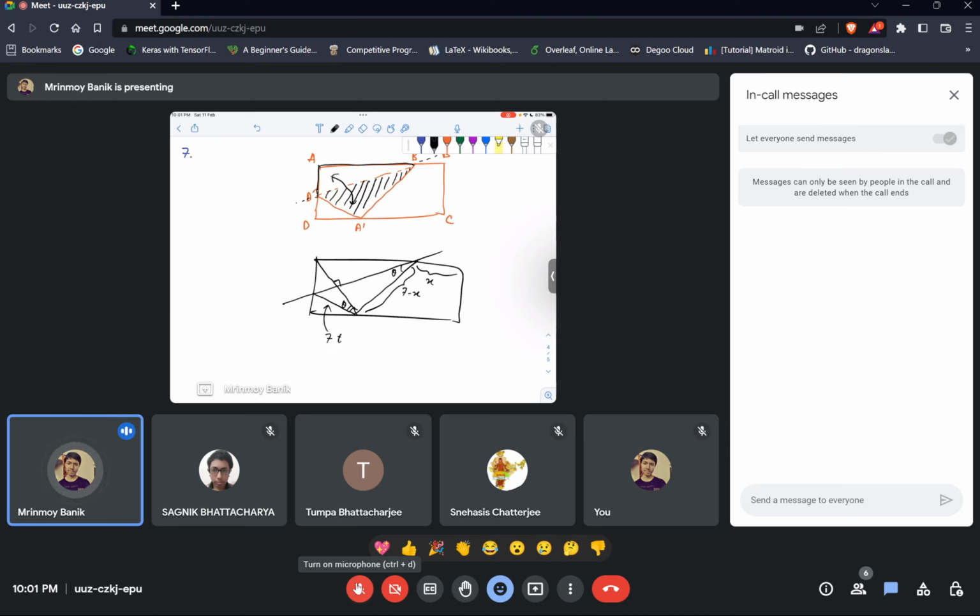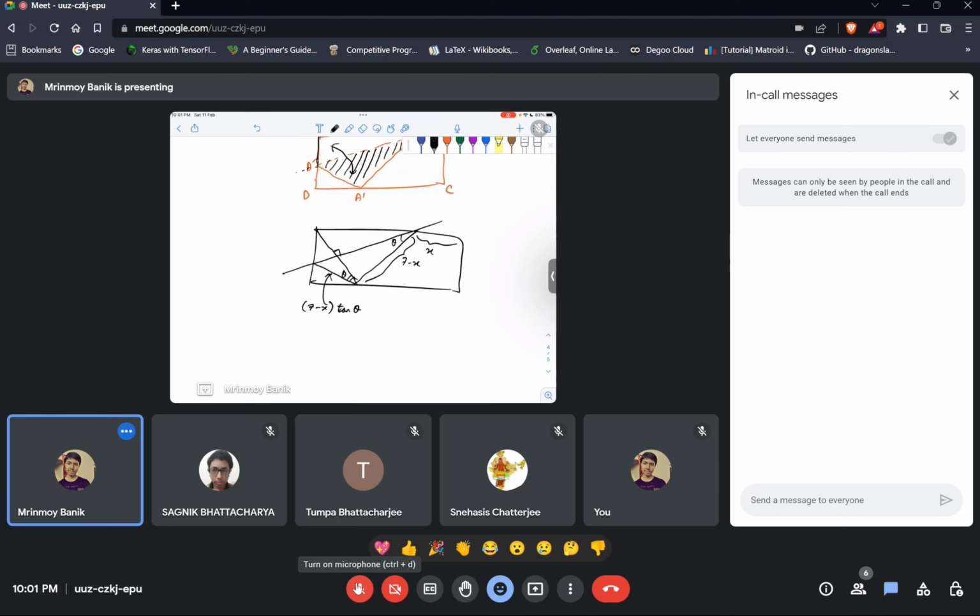So it's (7 minus x) tan theta. So the area is (7 minus x) squared tan theta by 2.